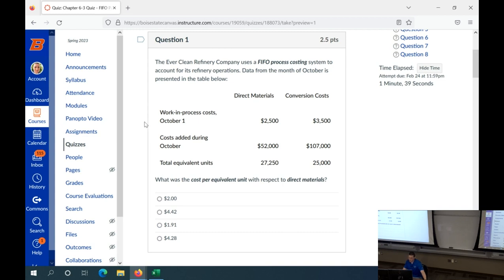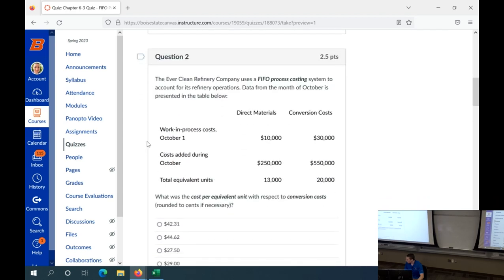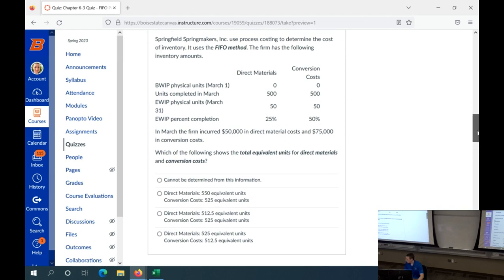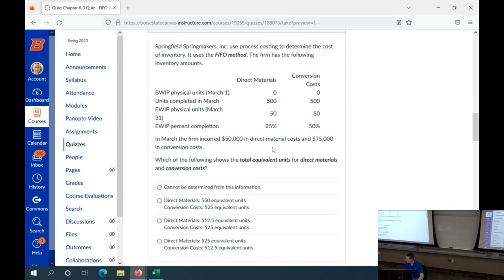Okay, so let's go over some problems here. Let me go over one or two, and then I'll have you try it to get those FIFO gears turning. I want to go over a TEU problem first. That's the first step. We got a double whammy TEU problem here.